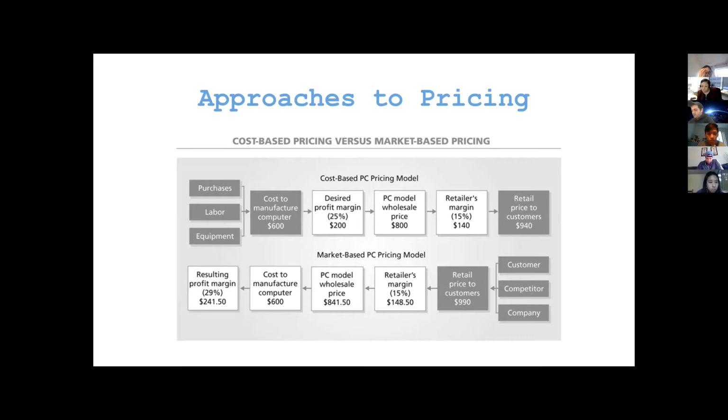Where do you want to position your company? Are you a luxury provider? Are you a value provider? Are you something else? And then you can triangulate on price based on those factors. And then as a result, there is a flow backwards in the flow chart in terms of the price implications for people within the supply chain.